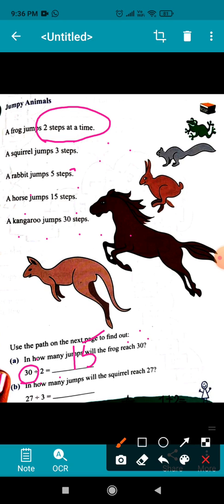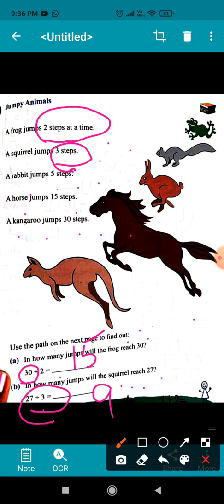Similarly, a squirrel jumps 3 steps at a time. So, to reach number 27, how many jumps will the squirrel make? What will you do? You will divide 27 by 3. The 3's table, how many times do you read? 9 times. So, it means the squirrel will reach number 27 by making 9 jumps.